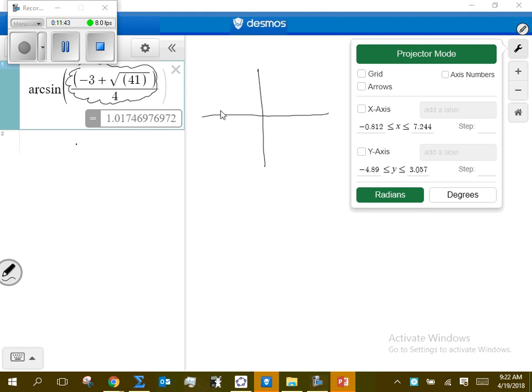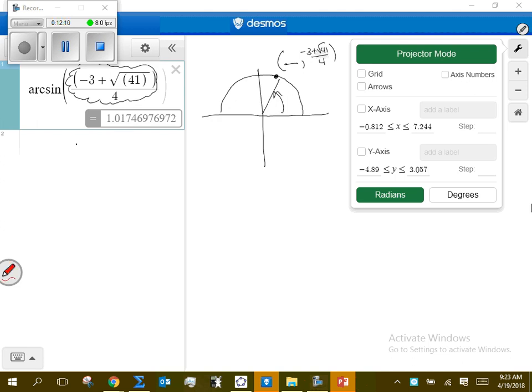It's saying that when my y value, I don't know what my x is, but when my y value is negative 3 plus radical 41 all over 4, the angle that gets me there, that angle right there, is 1.017 radians. Does that make sense? Okay.